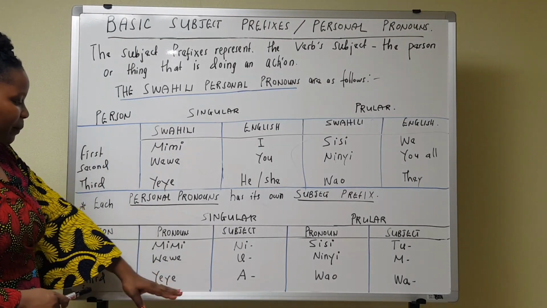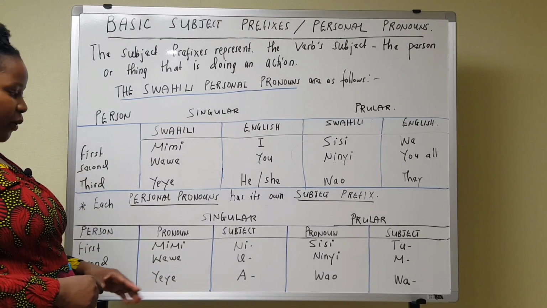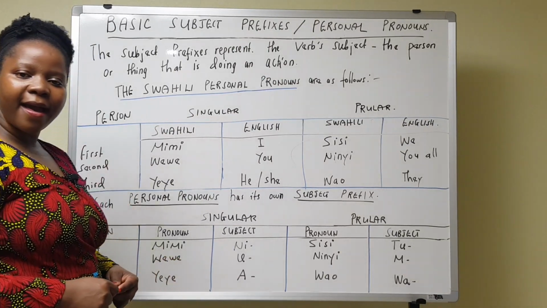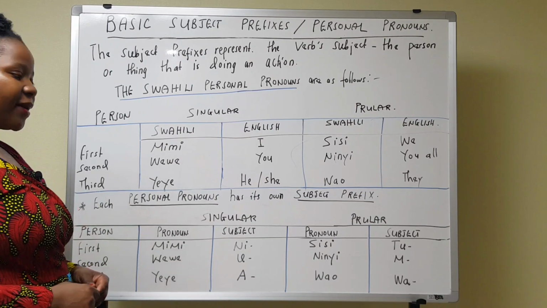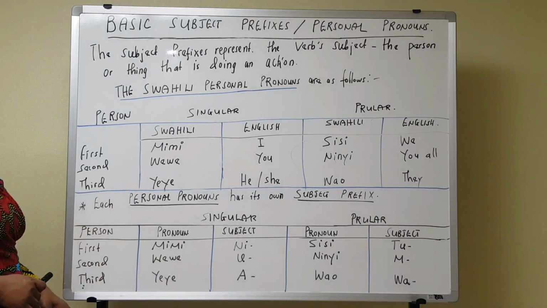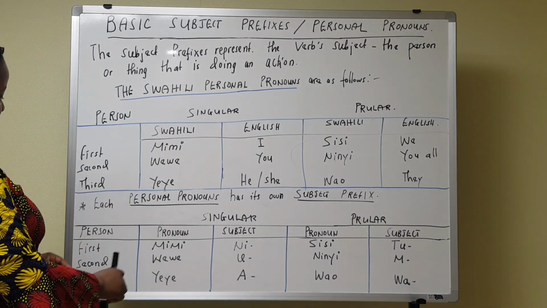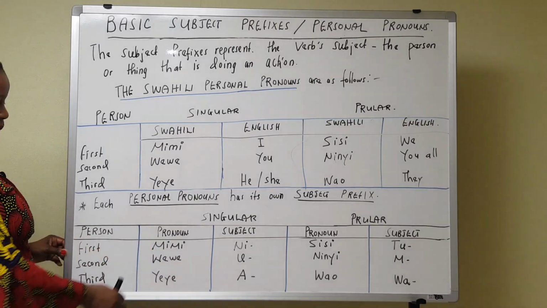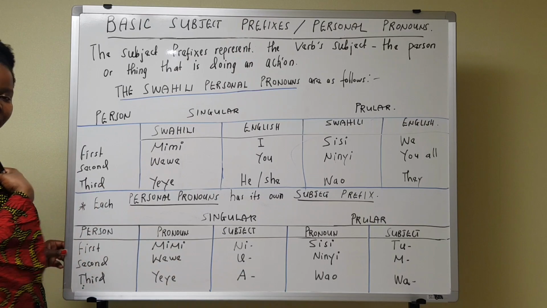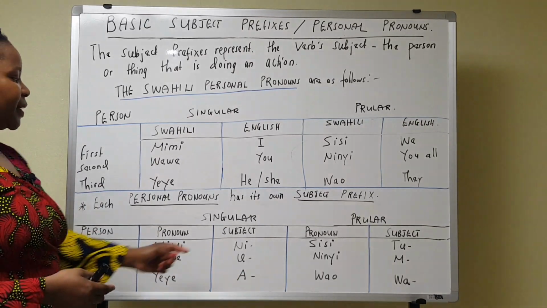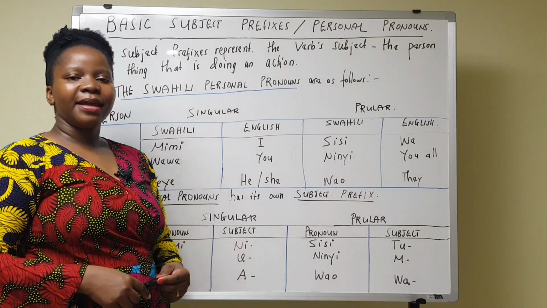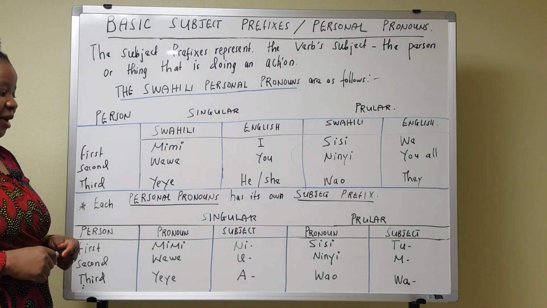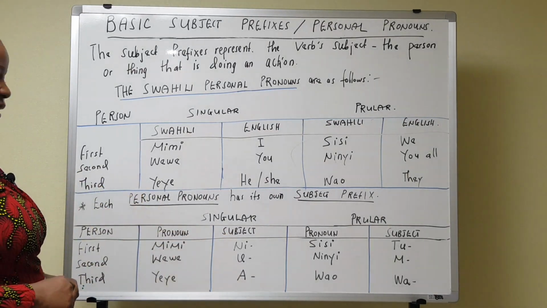And the subject prefix of personal pronoun Yeye is a. Okay? Let's repeat again. The subject prefix of personal pronoun Mimi is ni. I will show you some examples after I finish here, okay?